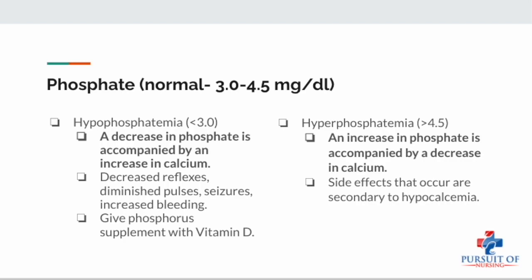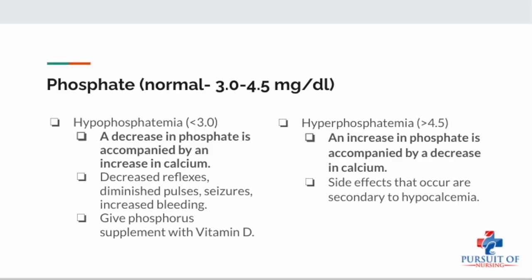So with a low phosphorus, less than 3, you are going to have decreased reflexes, diminished pulses, seizures, increased breathing. And then with a high phosphorus, the side effects that occur are mainly secondary to hypocalcemia.